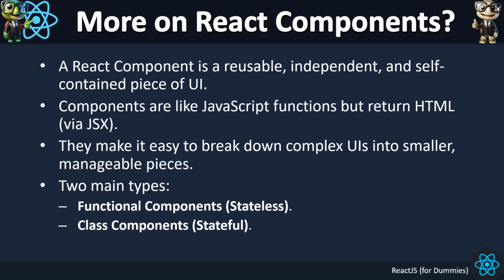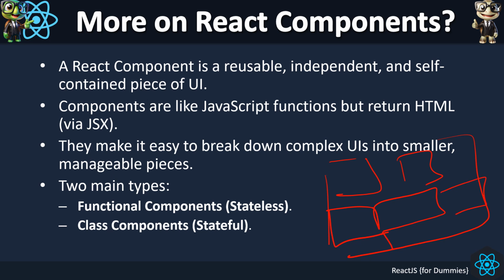Imagine your app is basically a puzzle, and each piece is a React component. Components let you break down the complexity of your app into smaller, reusable pieces. So instead of creating one giant component, you create small pieces. Then you stack and combine each piece together to build one complete application.